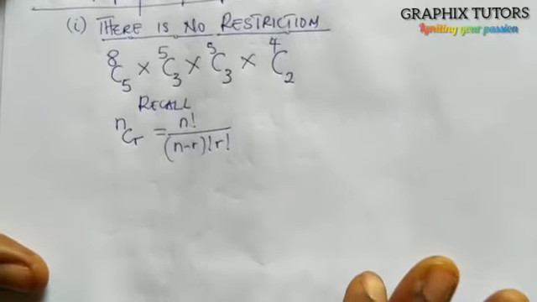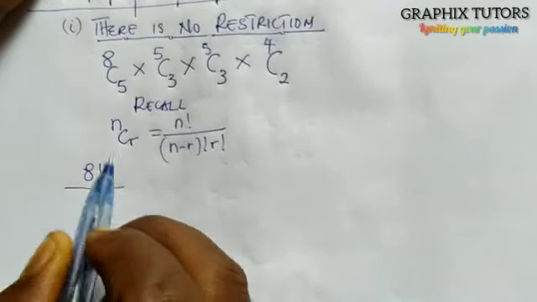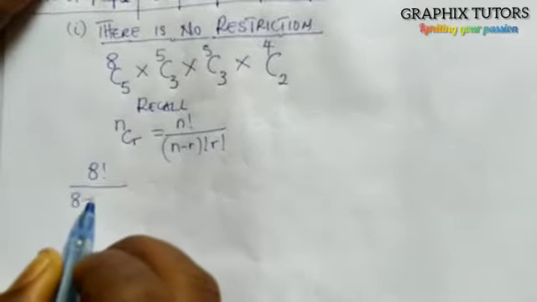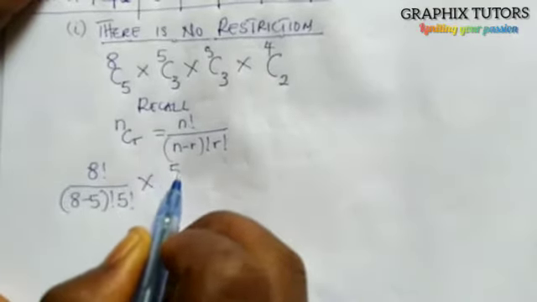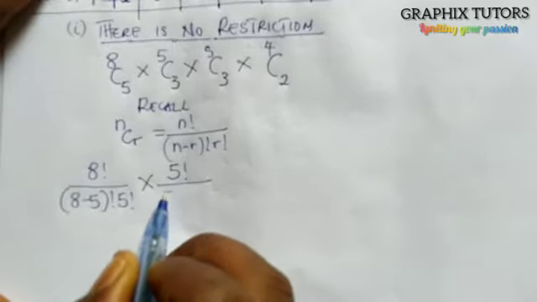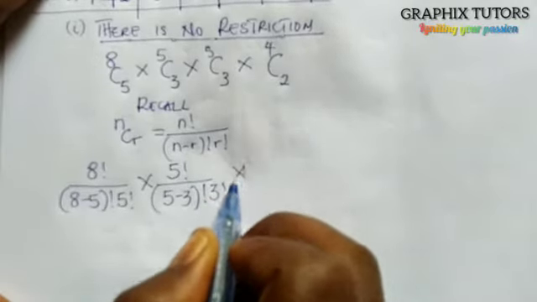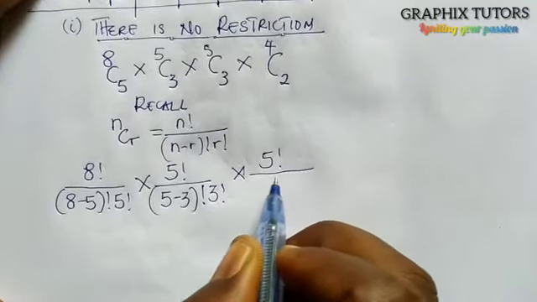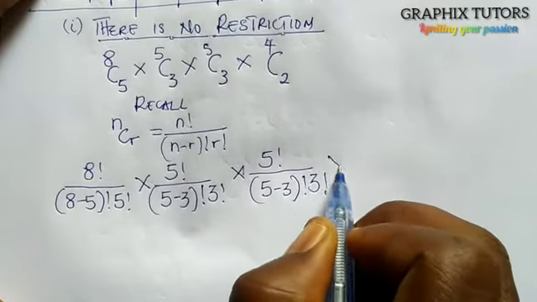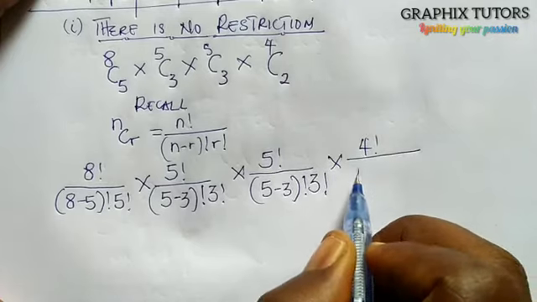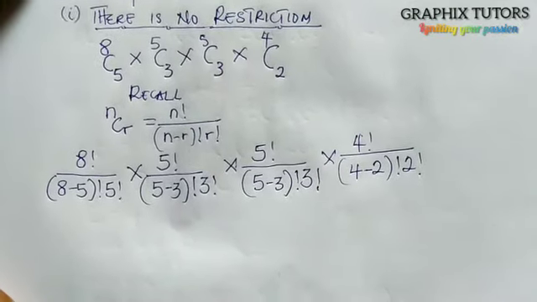That is top factorial over top minus bottom factorial, bottom factorial, multiplied by the same for each of the others. So this is what we have here.